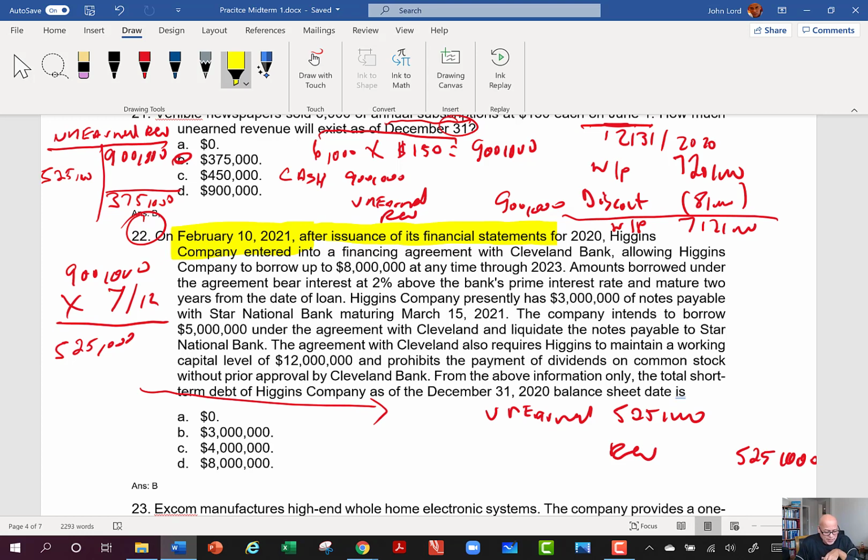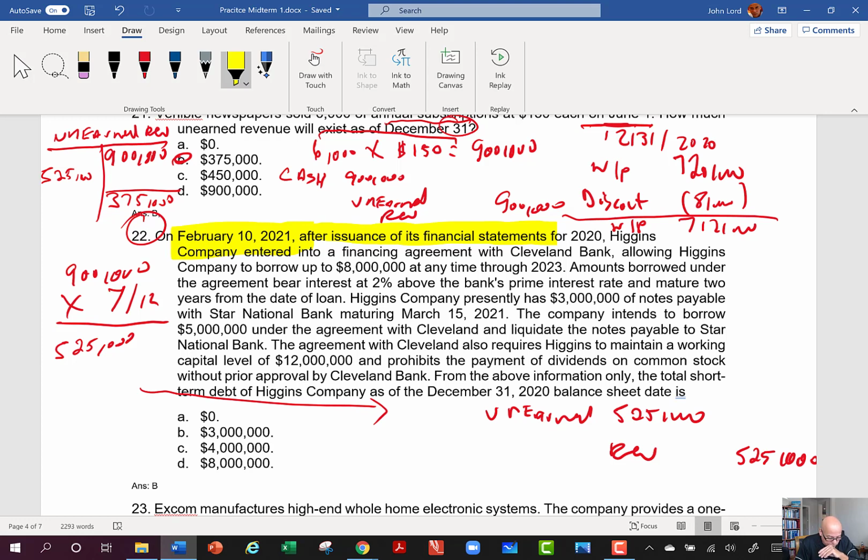So this contract to me is suspect right off the gate, because it was a contract. It wasn't the actual refinance. It was a contract that was put in place after the year end, obviously, and even after the issue of the financial statements. So this thing's off the chart. This is not going to help us categorize this as a non-current liability.